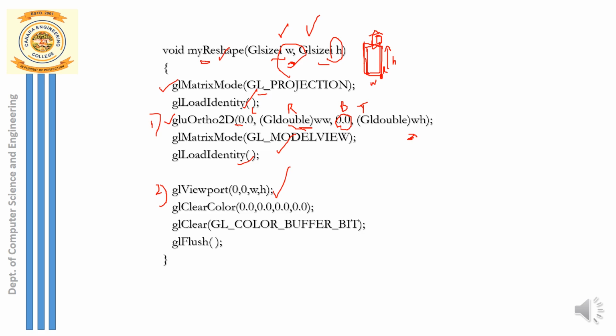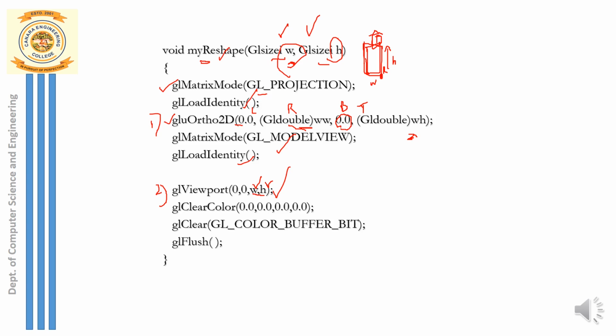Once that is done, what next? WH. What is this WH? It is the new size you have obtained after resizing, the new width and height of the display window, which is set to your viewport as well.